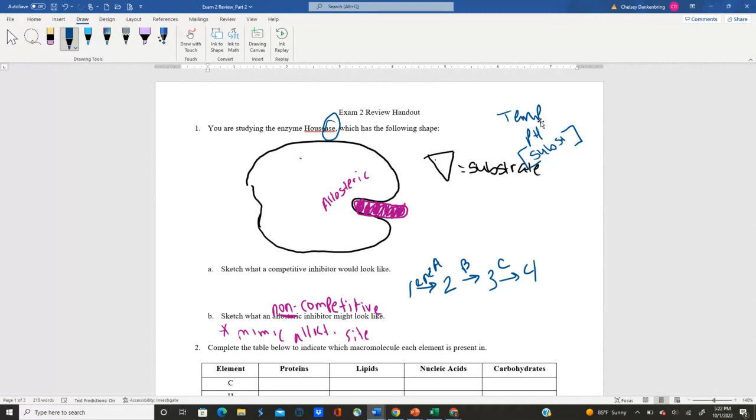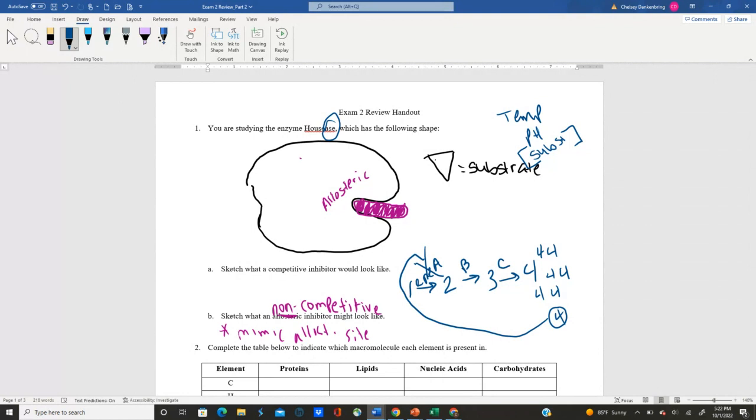And so one way that that happens is as molecule 4 builds up in the cell, because it's no longer needed, it's not being used, what happens is molecule 4 can then act as an inhibitor to that very first enzyme. So the product is no longer needed in the cell. So the product eventually acts as an inhibitor to shut down that enzyme.